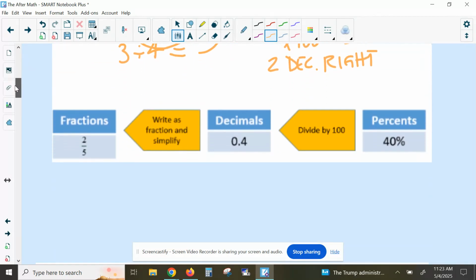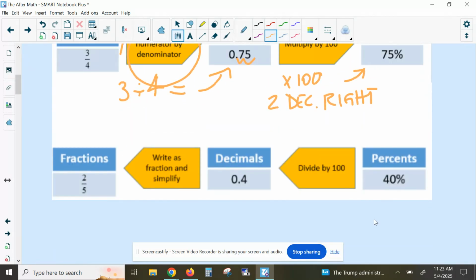Okay, going backwards, you can also start from the right-hand side. If you're given a percent or a decimal, you could work your way back to a fraction. So a percent obviously is out of 100, so you're going to divide by 100. Basically that's because it's 40 out of 100. So if you do 40 divided by 100, you're going to get 0.4. If you want to write that as a fraction, remember that you just read it like you would correctly.